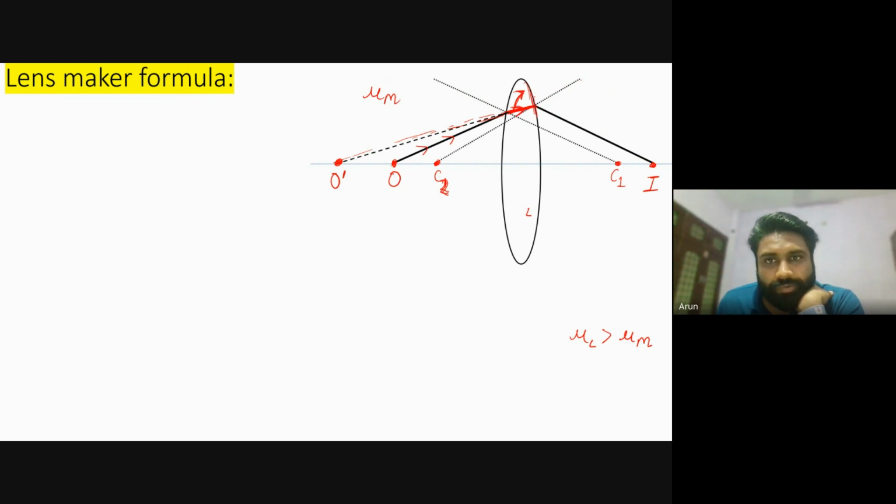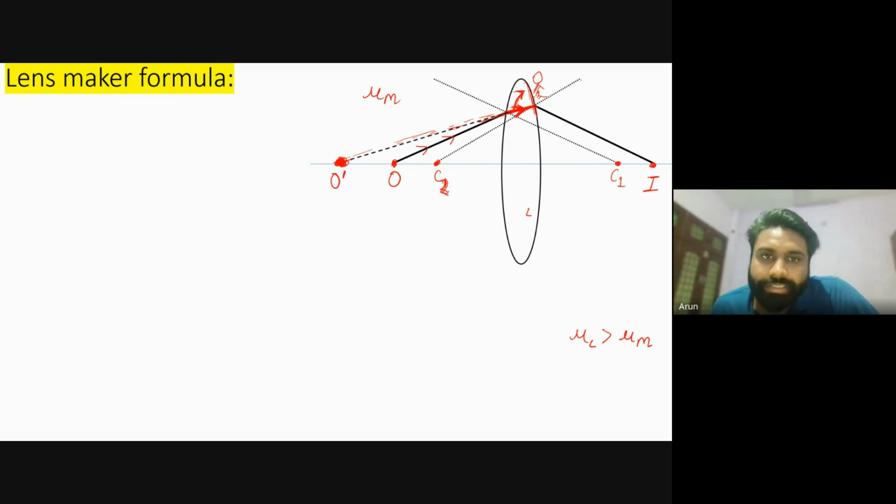And if you are sitting on this surface, this ray would appear to you to be coming from this point, not from this point.